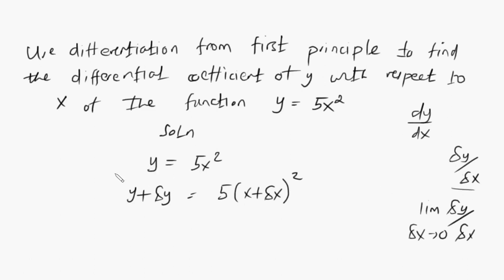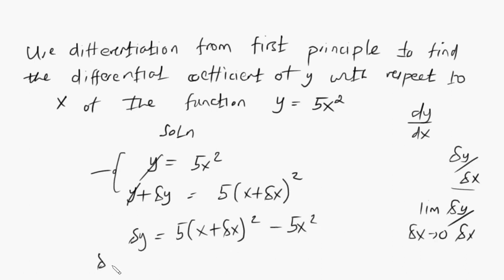So if I subtract the two equations, okay, y and y they go. Okay, nimechukua hii ya chini toa hiyo ya juu. So nitabaki na delta y ni sawa na 5. This one is x plus delta x squared minus 5x squared. So this one is delta y.